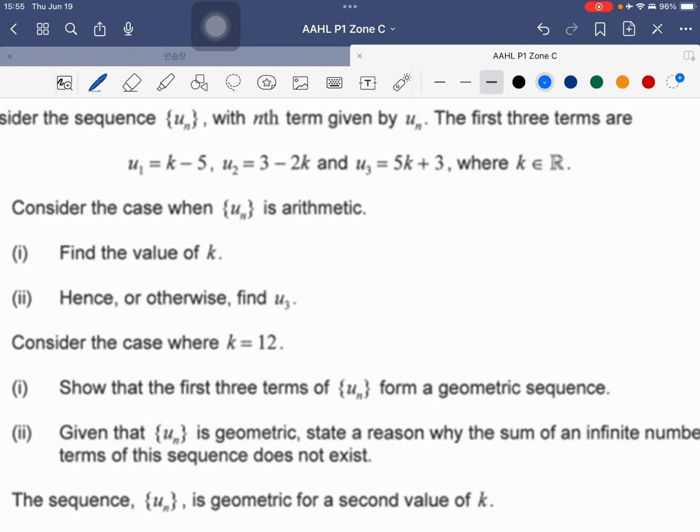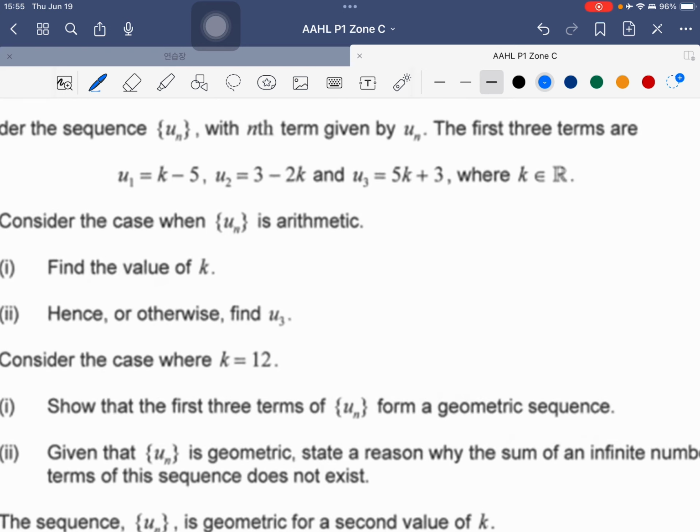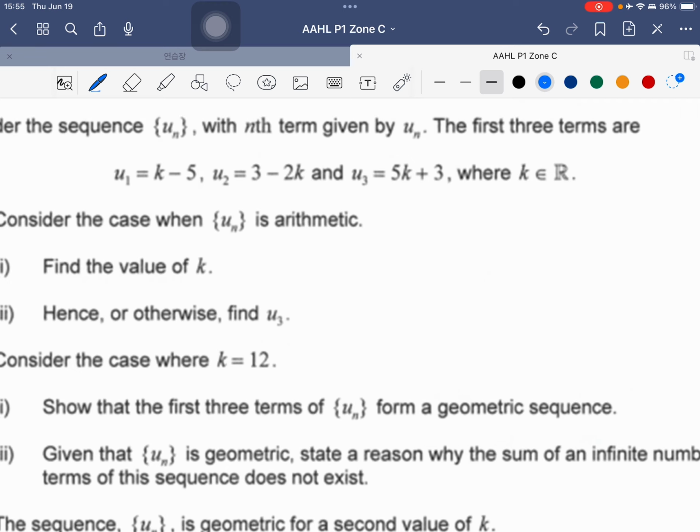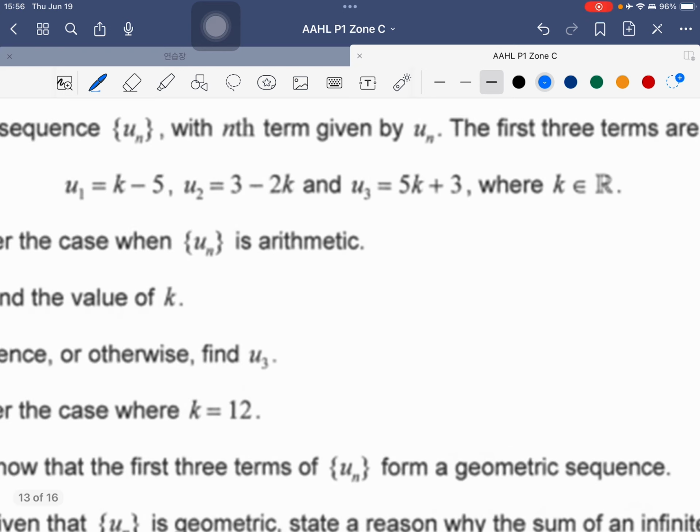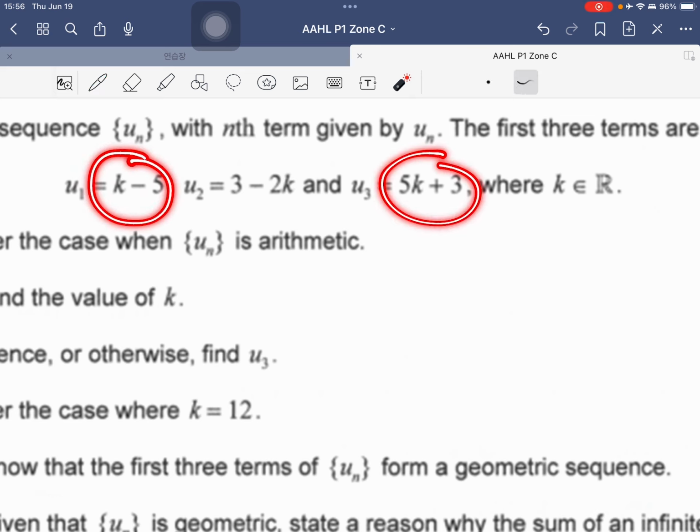When this sequence is arithmetic, there are three consecutive terms, u1, u2, u3. So it should satisfy the arithmetic mean rule. The arithmetic mean of the first term and the third term is exactly equal to the second term.